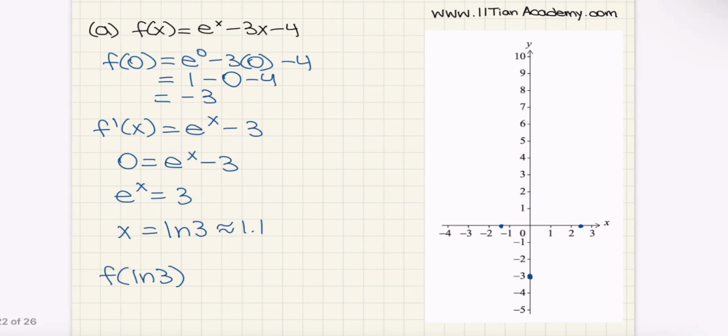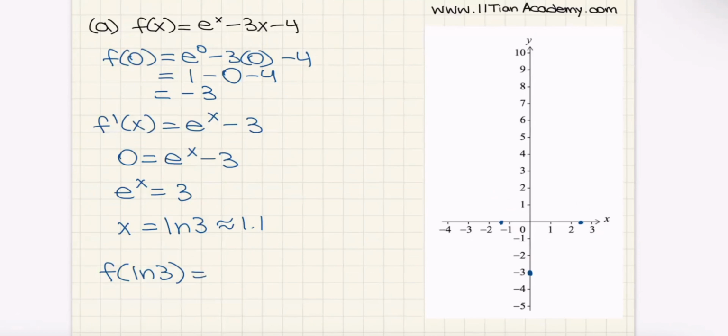And then f of ln 3 is going to be e to the power of ln 3 minus 3 times ln 3 minus 4. So e to the power of ln 3, well, e and ln are inverses, and so they are just going to cancel, and that's just going to be 3 minus 3 ln 3. That's going to be approximately 3 minus 3.3 minus 4. So that's about minus 4.3.